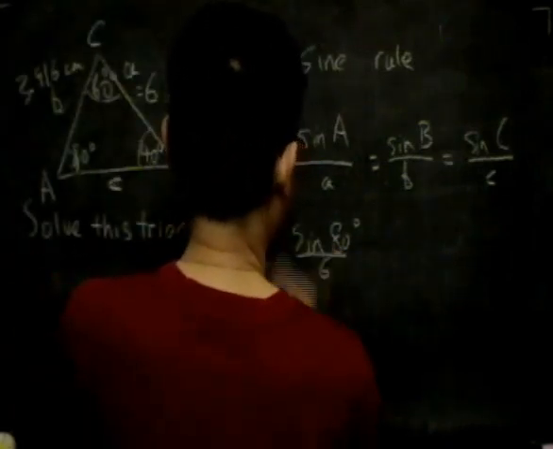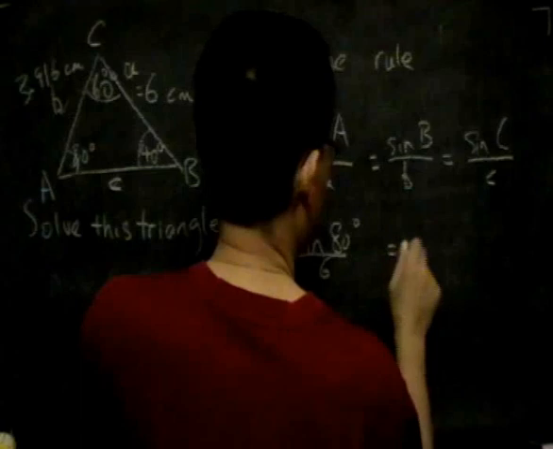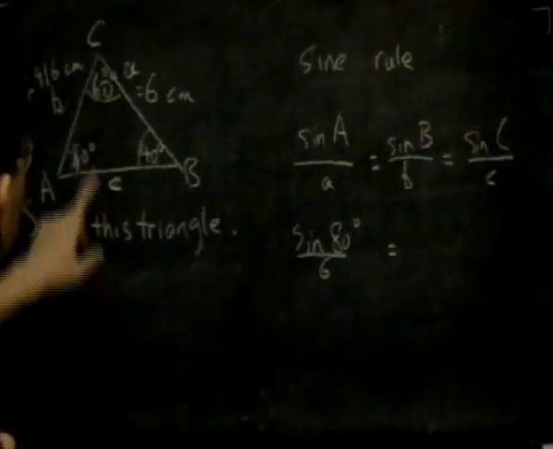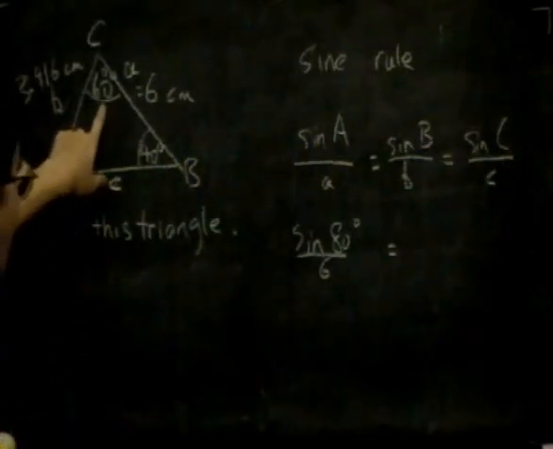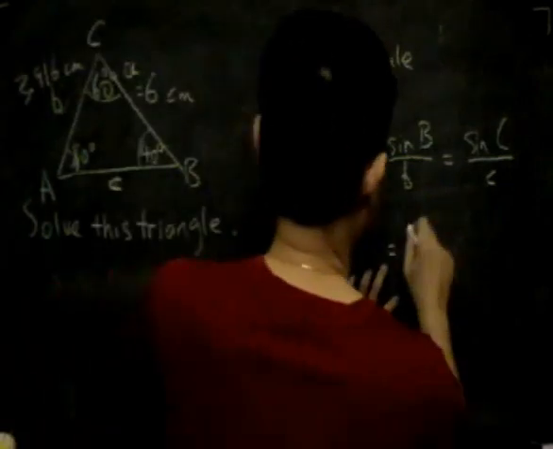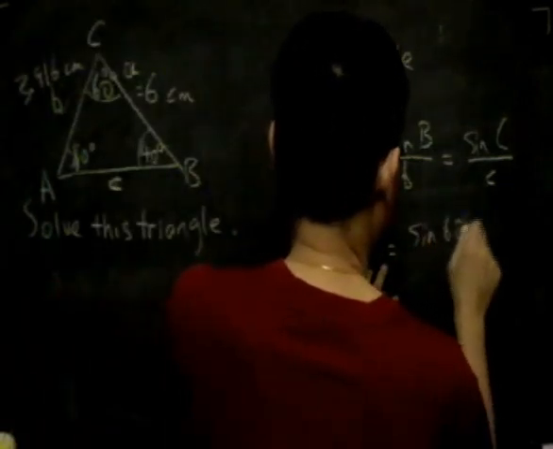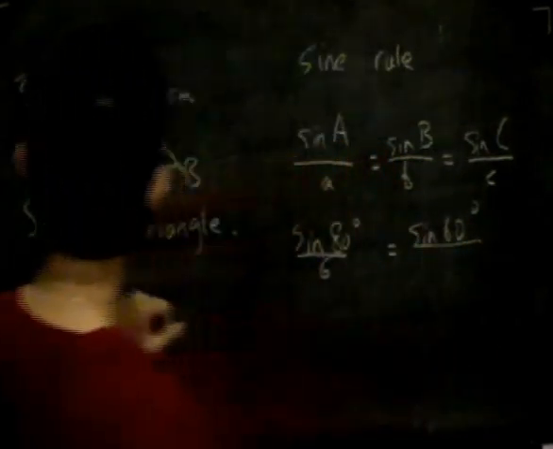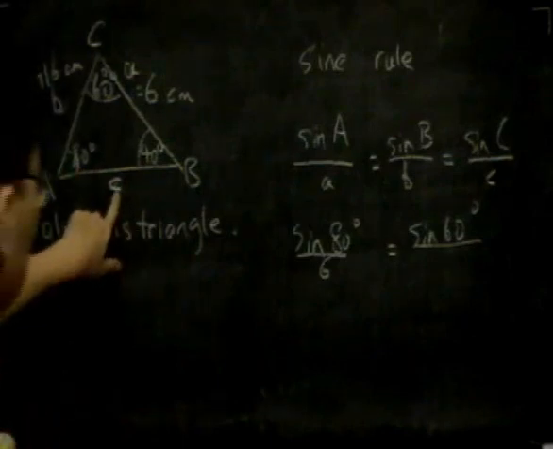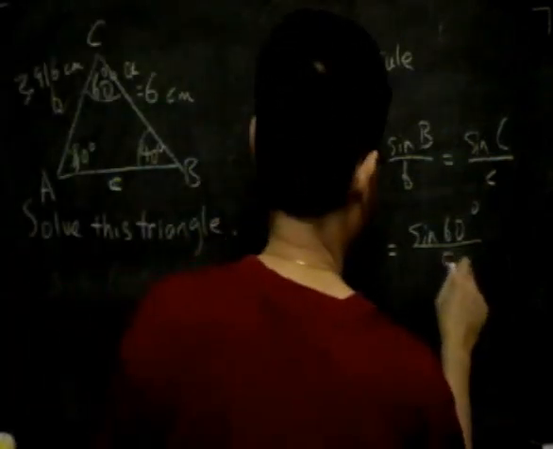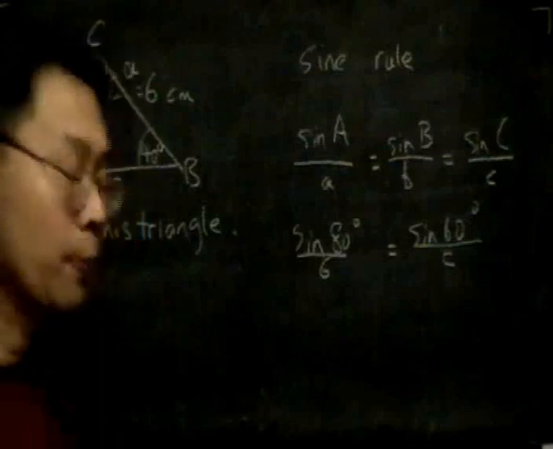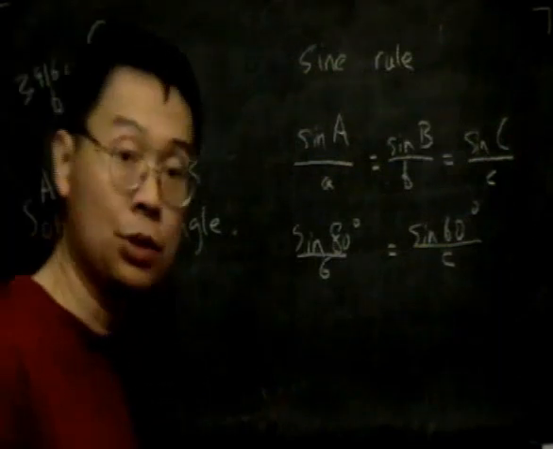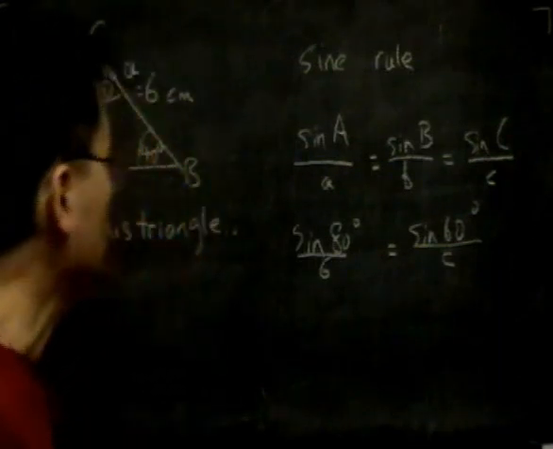Now this time I want to make use of the C. So sine C, the angle C is 60 degrees. Little c is unknown. That's what we want to find. So I have another equation here. Looks pretty much the same as the previous one.